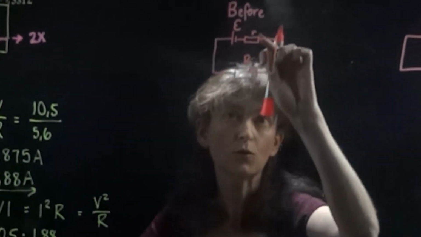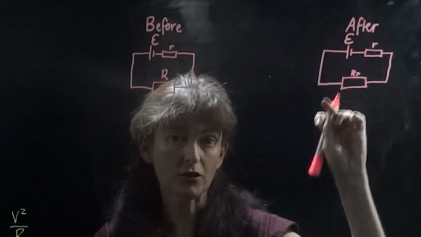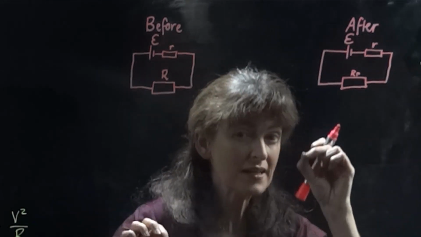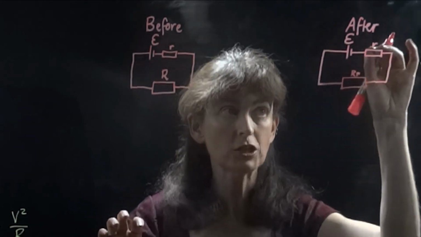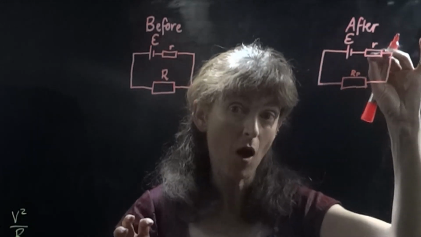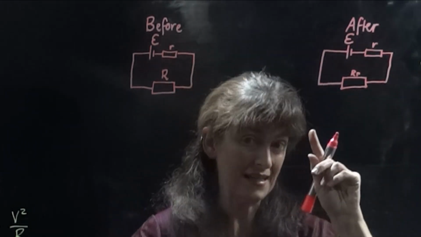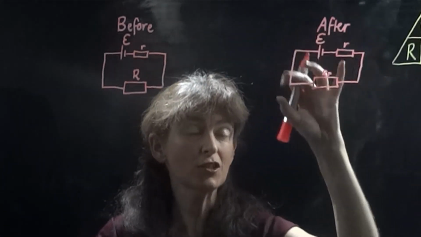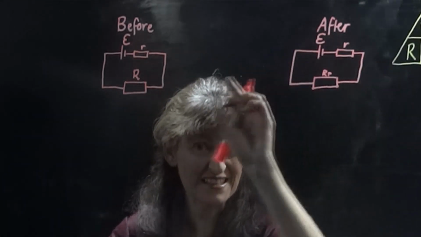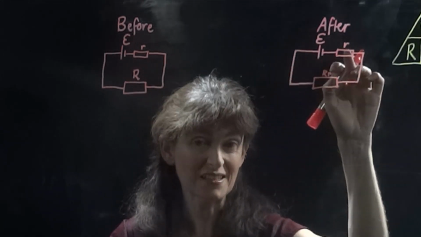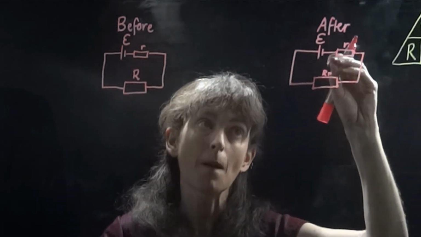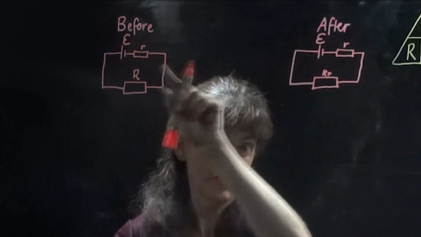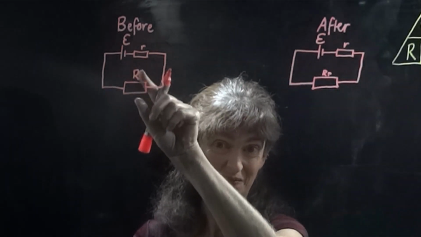So can you see that although the resistance of the internal resistor has not changed, the relative resistance, how much it makes up of the whole, has changed. Here, because the total is less than there, this one makes up more relative to the whole than it did there.